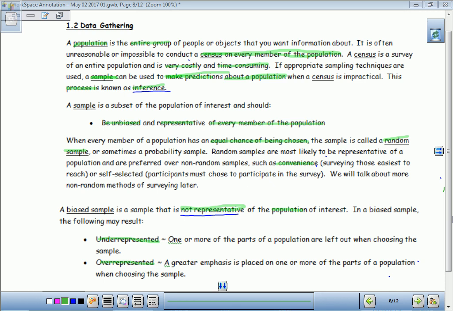Okay, or self-selected. Have you ever been through the drive-thru at Chick-fil-A and you have the winning receipt, and at the bottom of it, you have the option of going online and filling out a survey, and then it gives you a code for a free chicken sandwich. Okay, now, so they are surveying me when I do that, but I get to choose whether or not I fill out the survey.